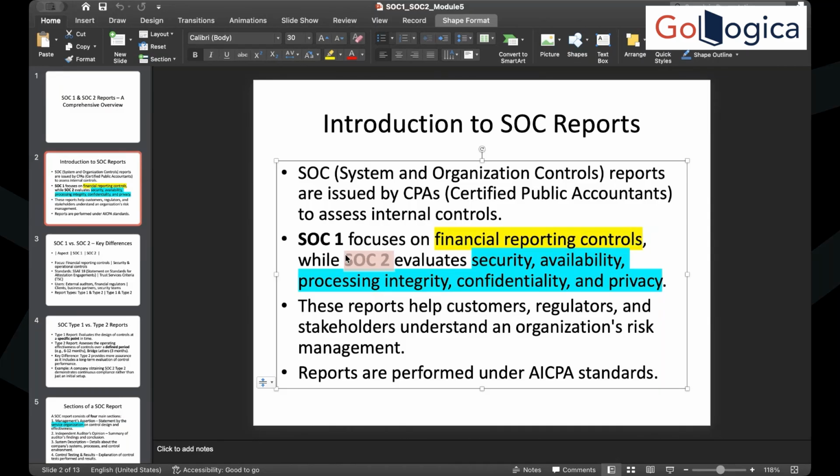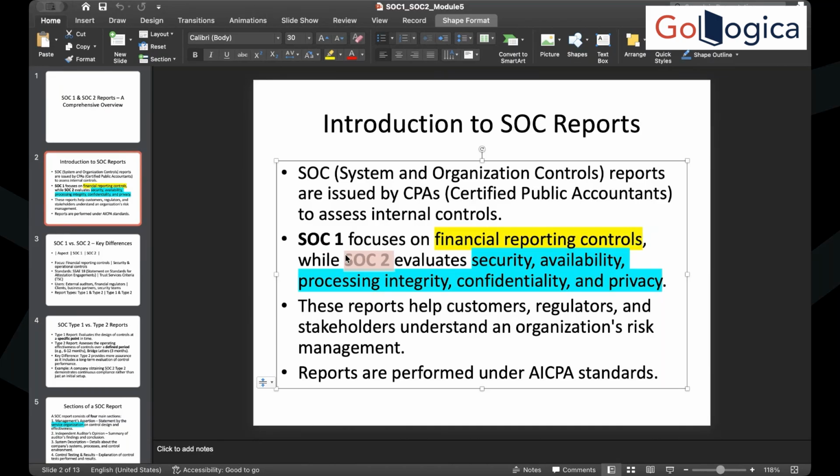Now as Cisco, I need to find an external auditor who would issue this particular report to me. In this case, I am going to Shellman or KPMG or Deloitte or PwC or EY. You have heard these names, right? These are all the big four auditing companies. These are the ones who can issue a SOC 1, SOC 2 report.